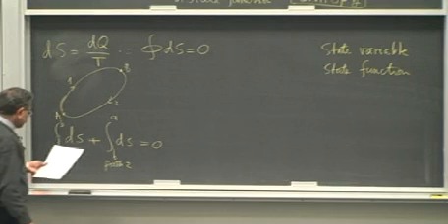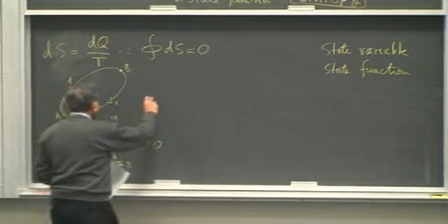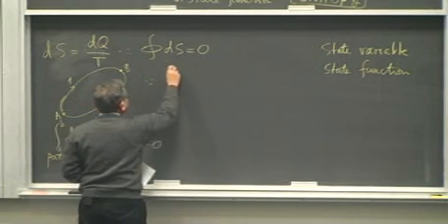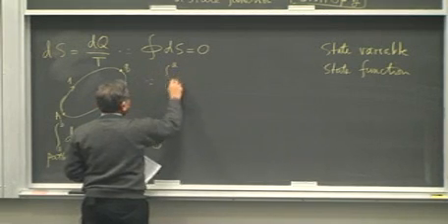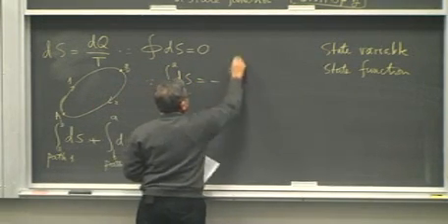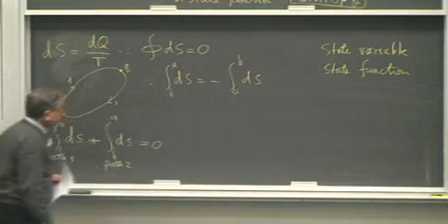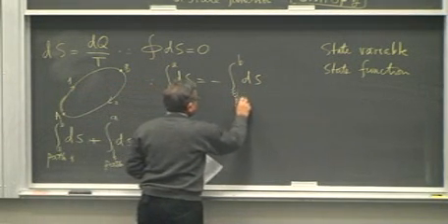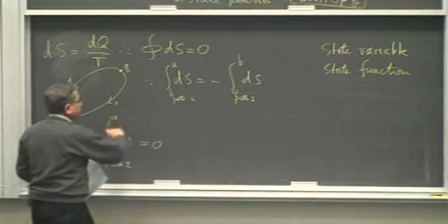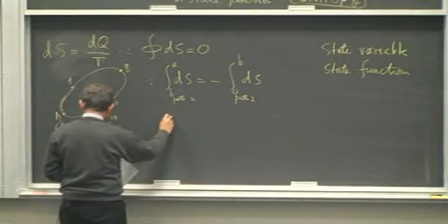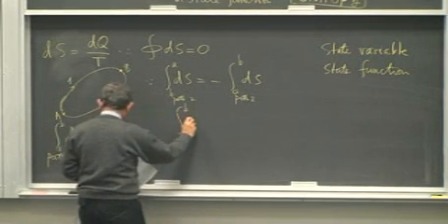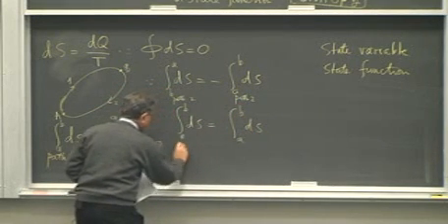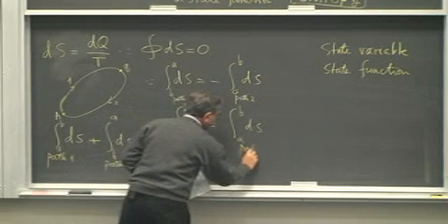And because I can write B to A ds as minus A to B ds on path 2, I therefore have a very important relationship, which is that A to B ds is the same as A to B ds on path 1 and path 2.